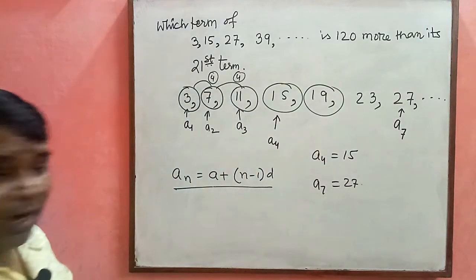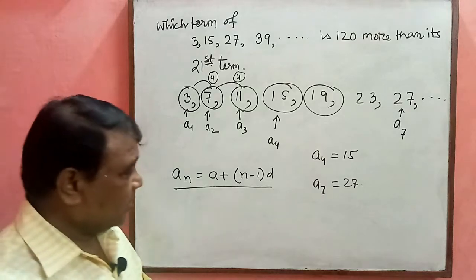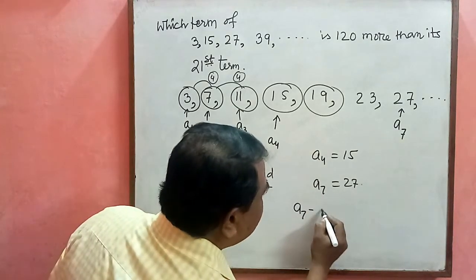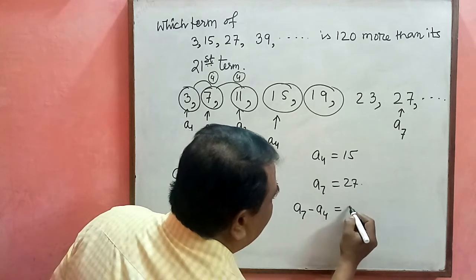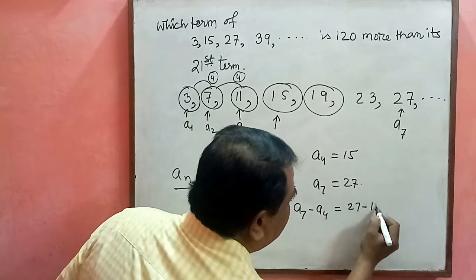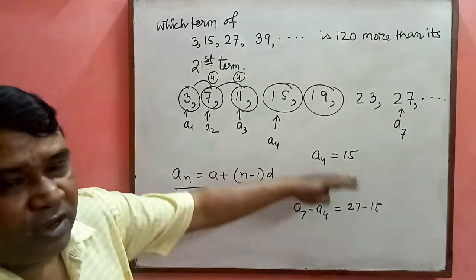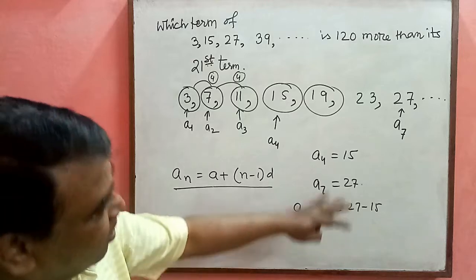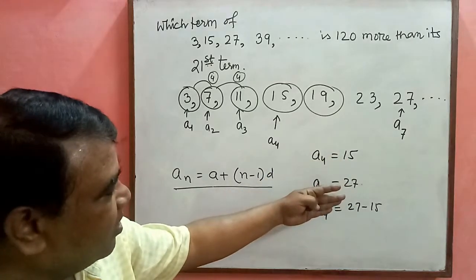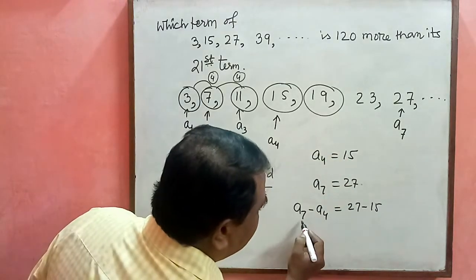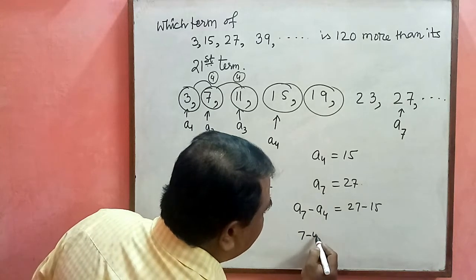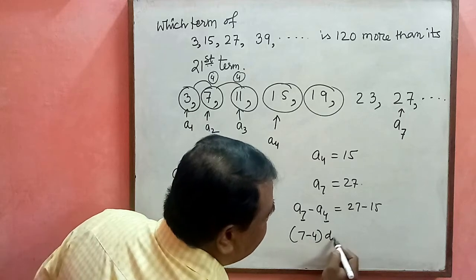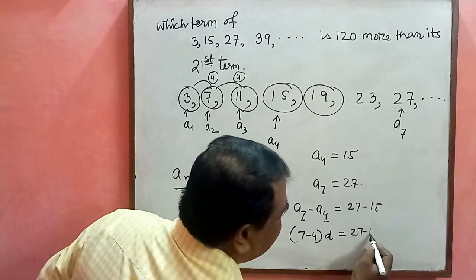And what I want to say is the difference between the two, like a_7 minus a_4, will be 27 minus 15. If the values of any two terms are given, then if we take the difference, it will give an idea. 7 minus 4, into d, will be 27 minus 15.